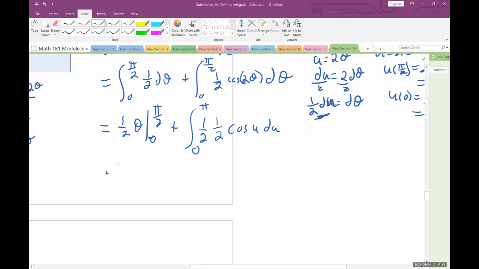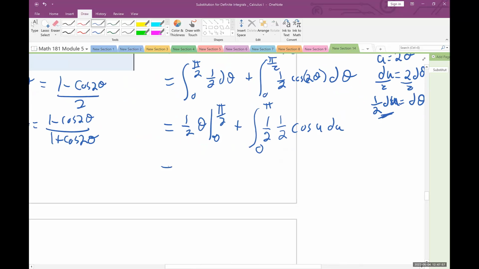So we have, for the first part, 1/2 of that pi over 2 minus 0. For the second part, the antiderivative of cosine u is just sine. Sine of u from 0 to pi.